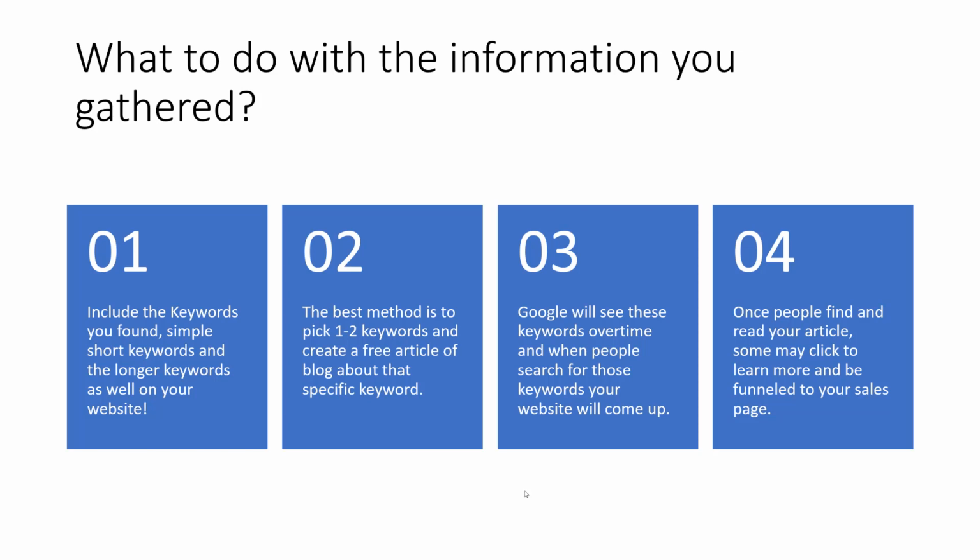And then Google will see these keywords on your website, on your blog post over time. And when people search for those words specifically, your website will come up. And once those people find and read your article, they learn more about you. They learn more about the information you have to teach. And then those people can be funneled into your more advanced lessons. So on those pages, you can have an email submission form where we're going to explain exactly how to do that.